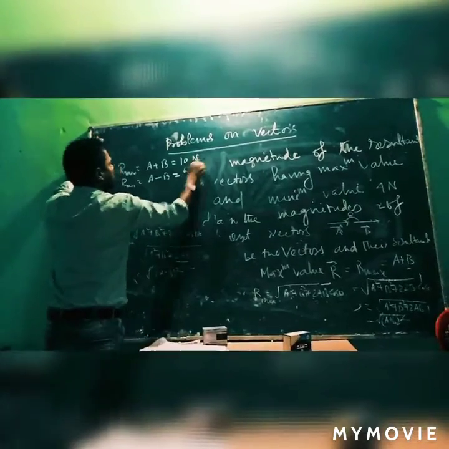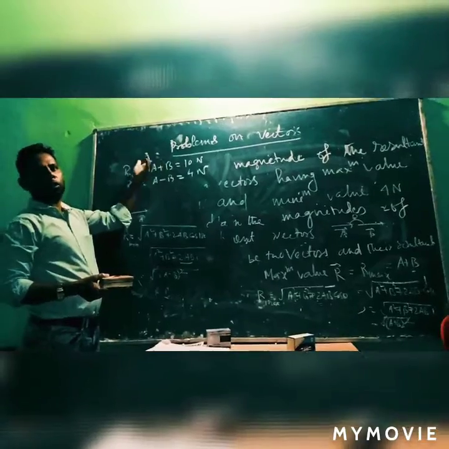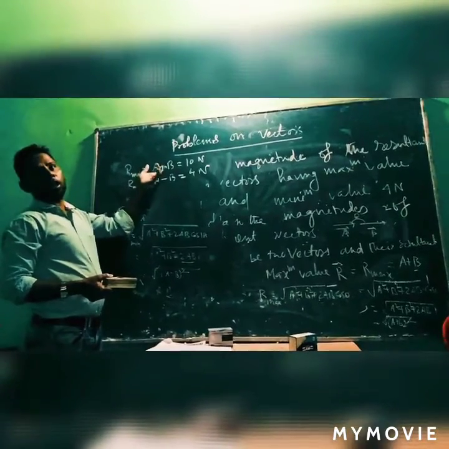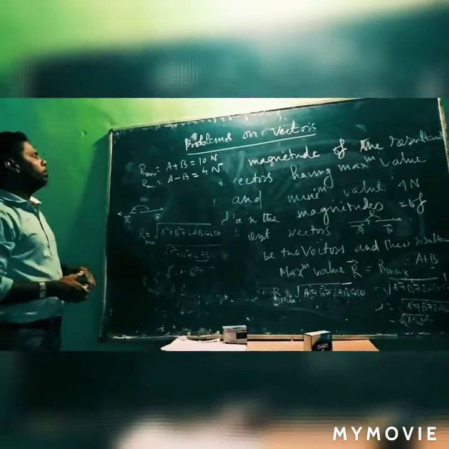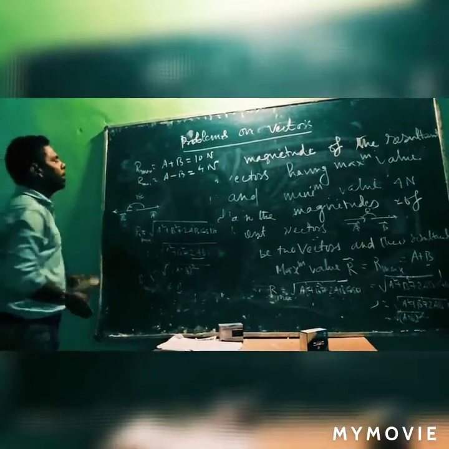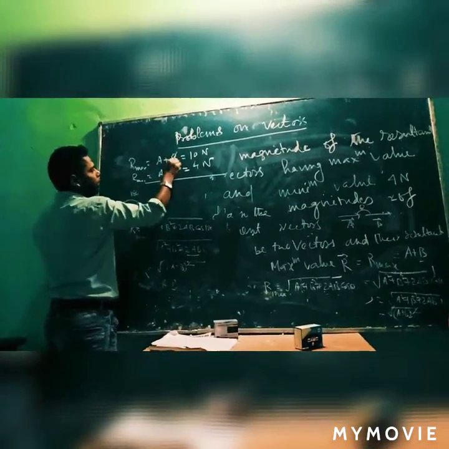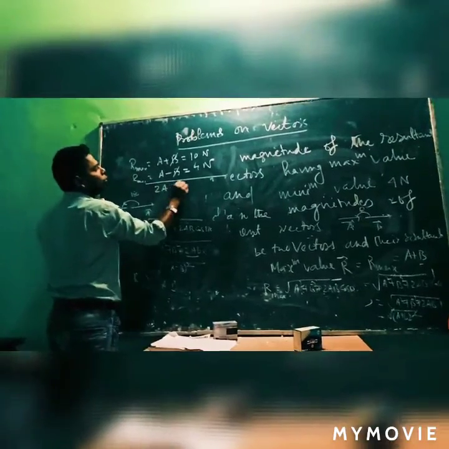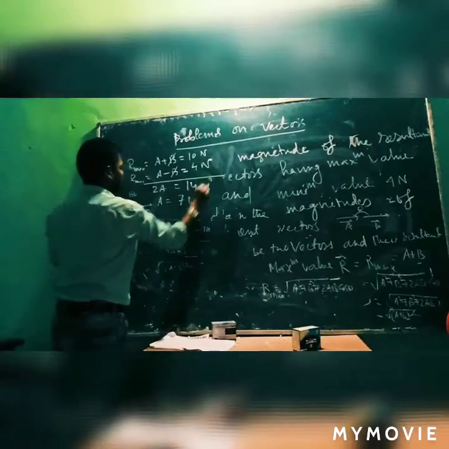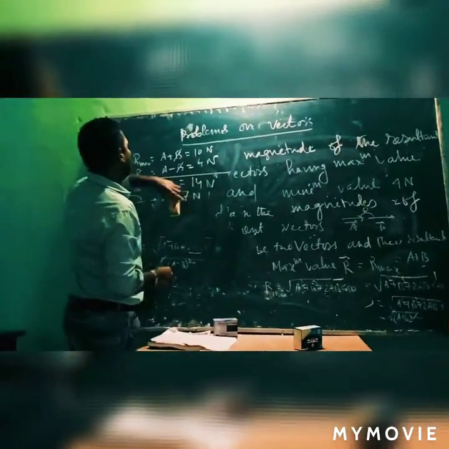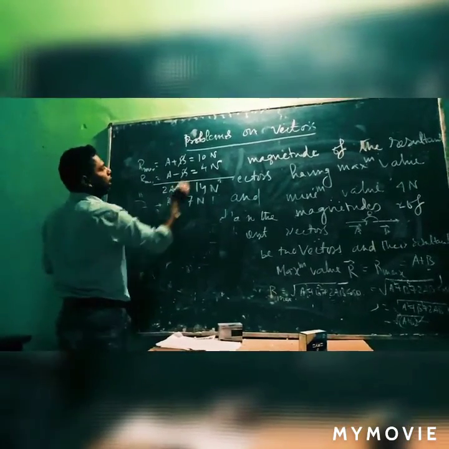So it's nothing but like solving the high school problems of linear equations involving variables x plus y, x minus y. If you directly sum up these two equations, B and B get cancelled, twice A equals 14, and A comes out to be 7 Newton. So we put the value of A in any of the above equations, say equation 1.